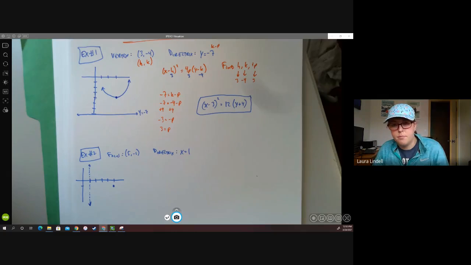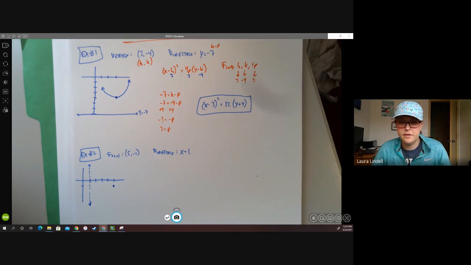Are we opening up, down, left, or right? What do we think? All right, we have a couple votes for right. Anyone else?